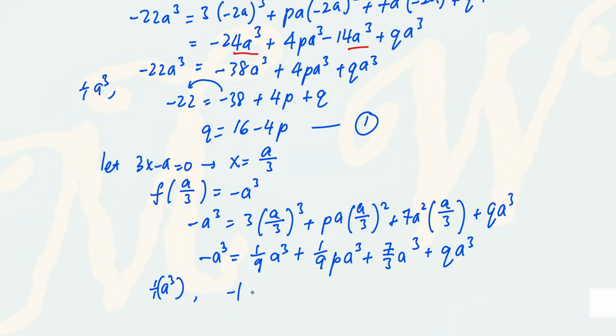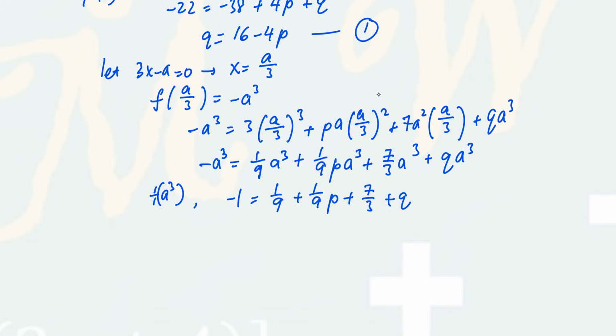You will be getting minus 1 equals 1 over 9 plus 1 over 9 p plus 7 over 3 plus q. Okay, and since in the first equation I found the q expression, so from here I also find the q expression. So it will be negative 1 over 9 p minus 31 over 9.